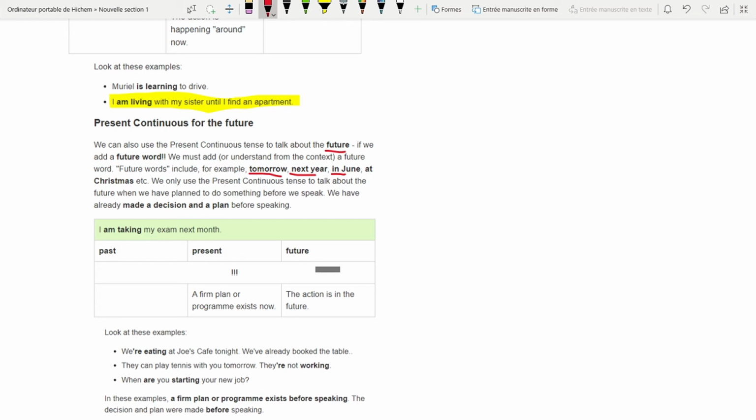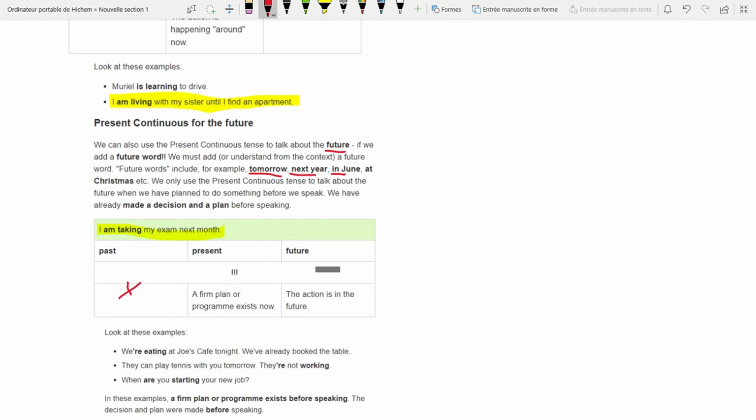I already know that I will do something, then I will speak about it. So, in other words, we already made a decision and a plan before even speaking. For instance, if you say, I am taking my exam next month. Here we are sure that the action did not happen in the past, right?